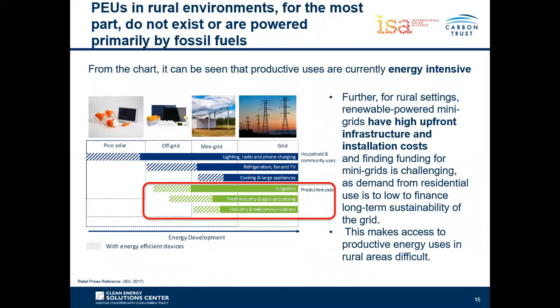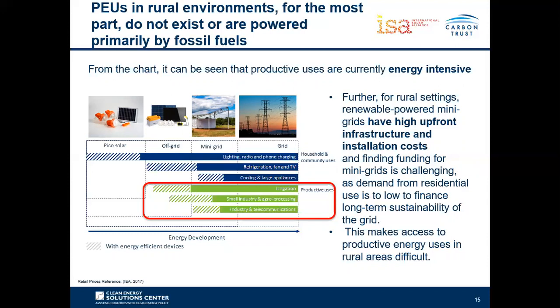Now, when linking these primary activities to the grid and connecting the electricity supply with these users, we can see that for consumptive use, household and community users, for the basic functions such as lighting, radio, and phone charging, you could get away with a solar home system, or potentially a battery-linked off-grid system.